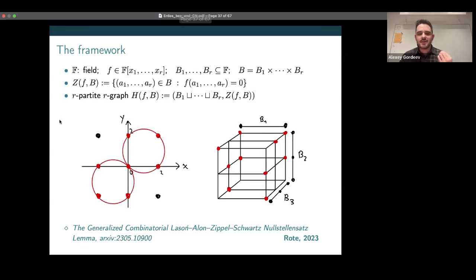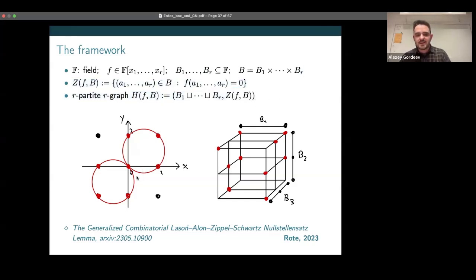The key thing is we can view this zero set as an r-partite r-graph, because we can say that these sets B1, ..., Br are our parts, and zero points of the polynomial are edges of this hypergraph. So every zero set of a polynomial in a very natural way corresponds to an r-partite r-graph.